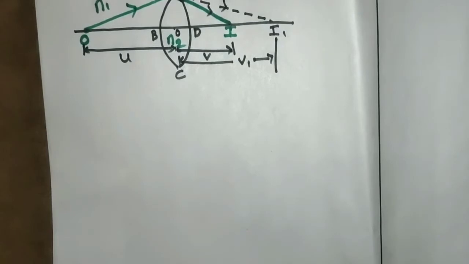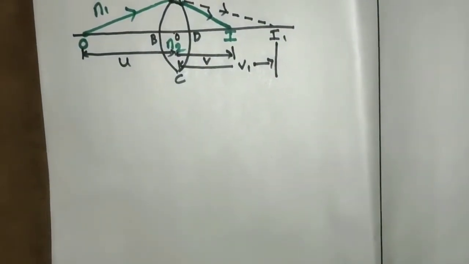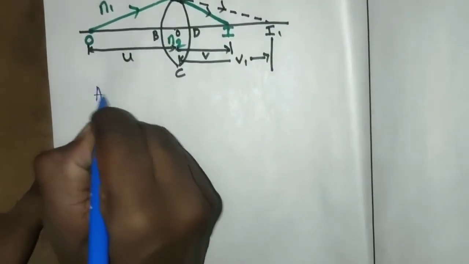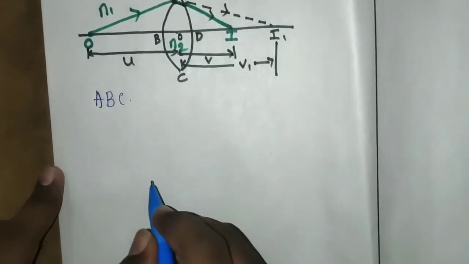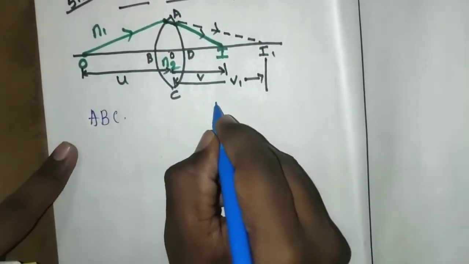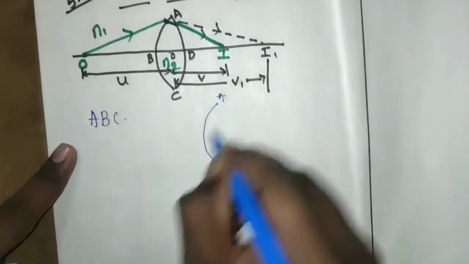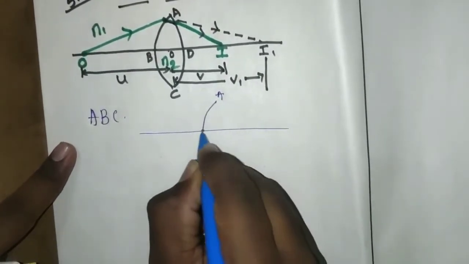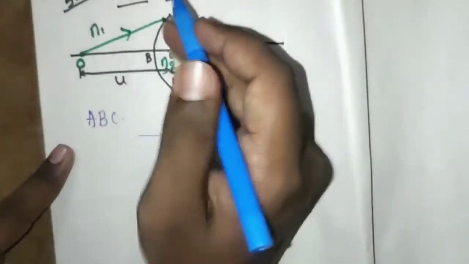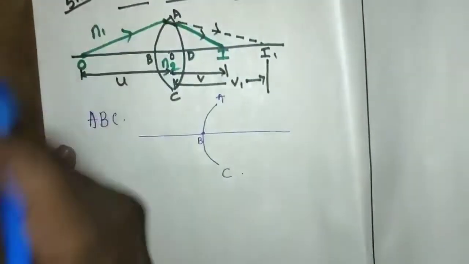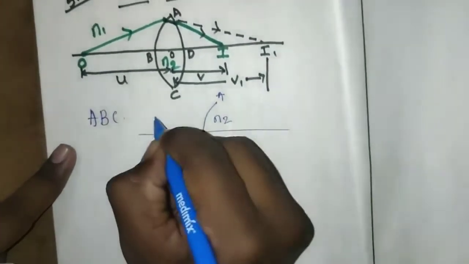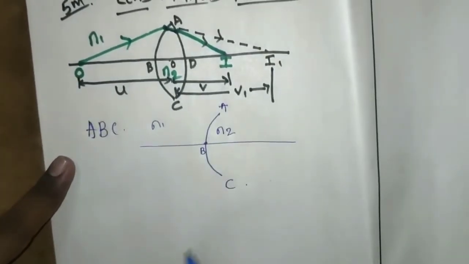Now I will consider a thin spherical refracting surface ABC. The diagram is A, and this is the principal axis, B and C. Only this part, the ABC part, matters. Inside ABC there is one medium, n2, and outside there is another medium, n1.